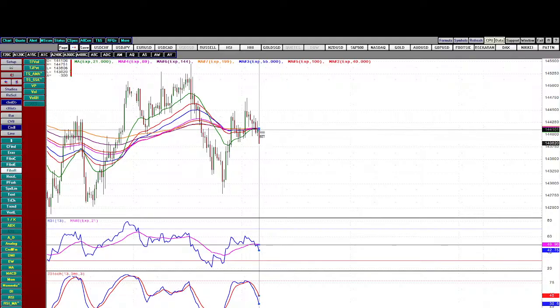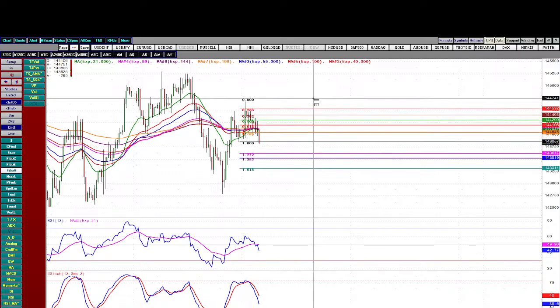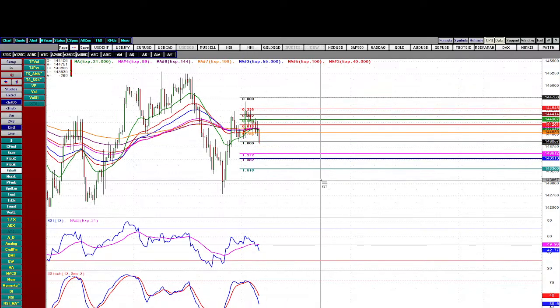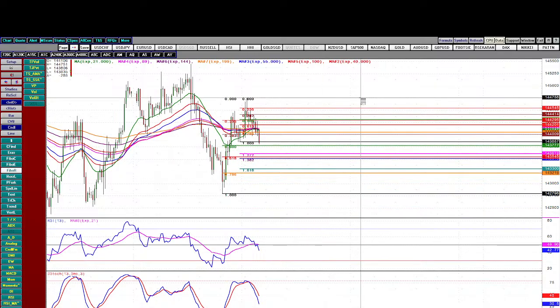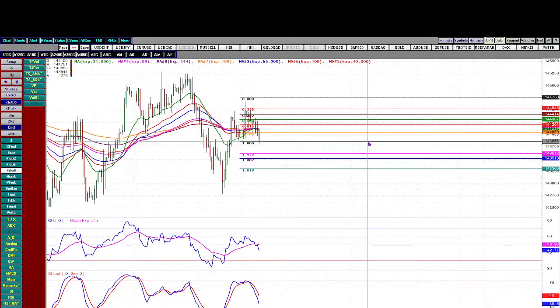Since we are already seeing the price break this low, we'll go for a sell. This is going to be a new order. Sell and take the profit at least at 143.50.